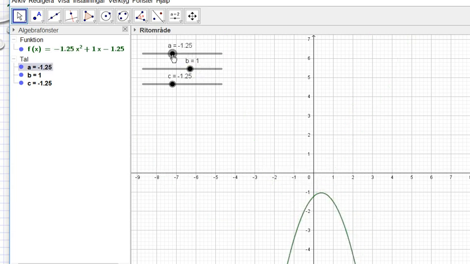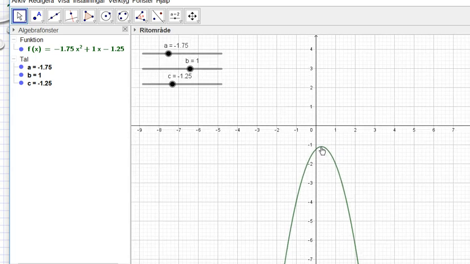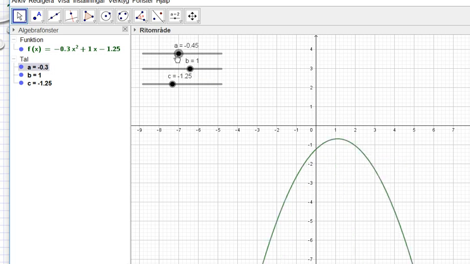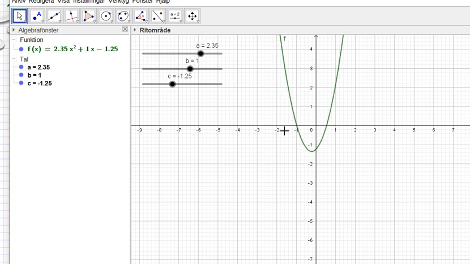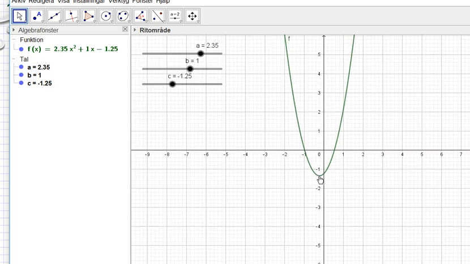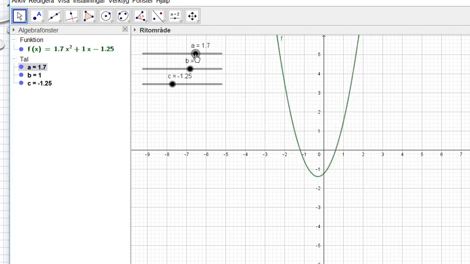But when a is negative, then you have a maximum point. And that point is always called the vertex. So we have a maximum point, also called the vertex, when a is negative, and a minimum point, also called the vertex, when a is positive.